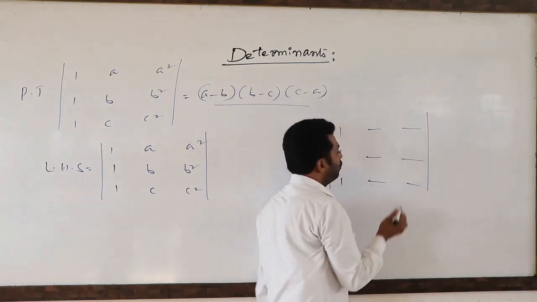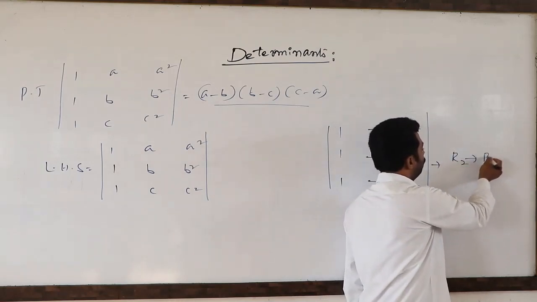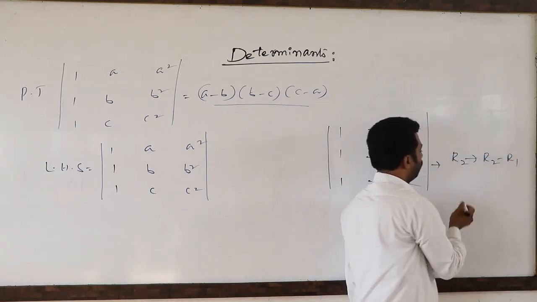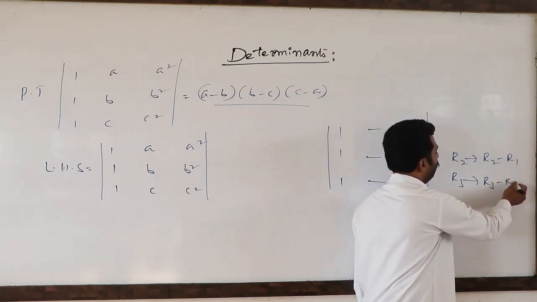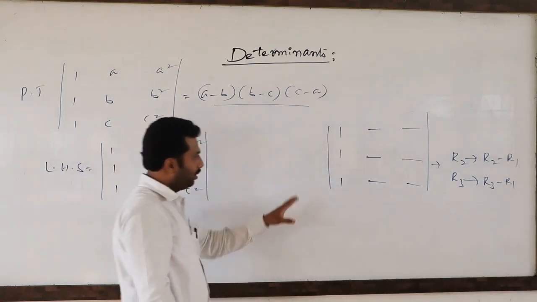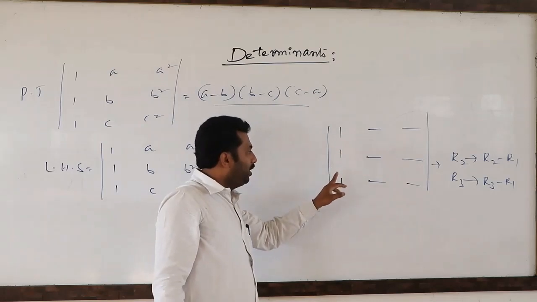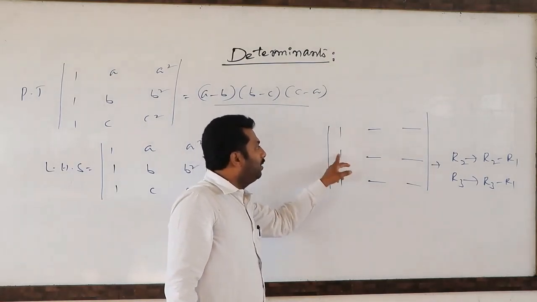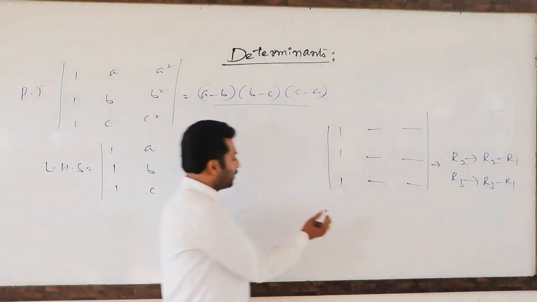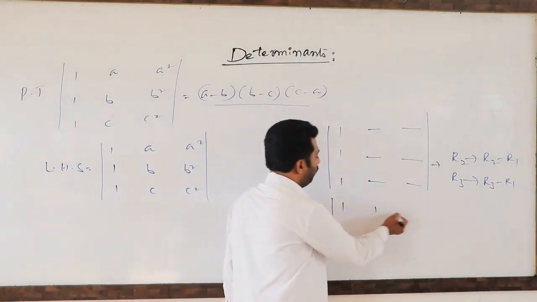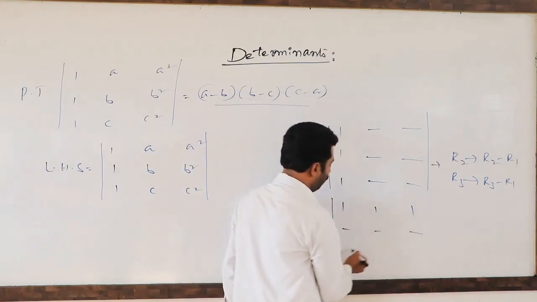Then which operations do you apply? R2 changes to R2 minus R1 and R3 changes to R3 minus R1. Suppose instead all the elements of any row are 1, 1, 1, with remaining elements whatever they may be.